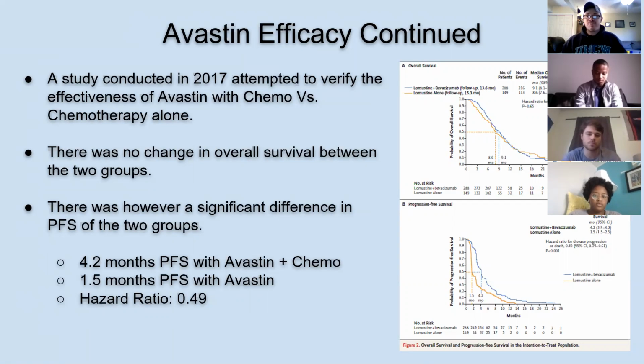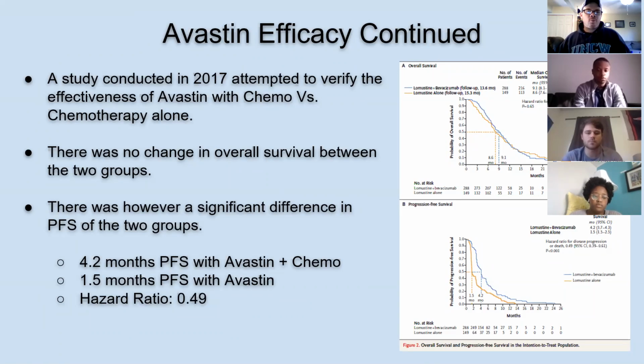They determined after 2 years plus that there really wasn't a whole lot of change in overall survival between the two groups, right? So they're still dying at about the same time frame, despite having Avastin and chemo versus just the chemo alone.